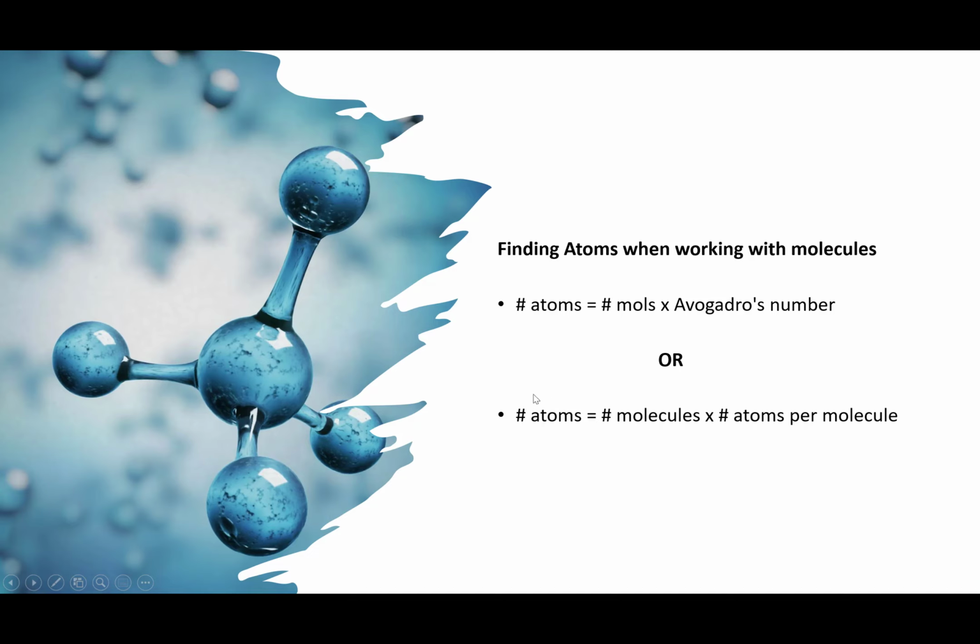So if I know the number of molecules that I have, I can figure out how many atoms are in the sample by multiplying by the atoms per molecule. If I had 2 molecules, there's 5 atoms per molecule, so I would have a total of 10 atoms in that case. And if you've got the moles of the atoms, you can obviously find the number of atoms using Avogadro's number.